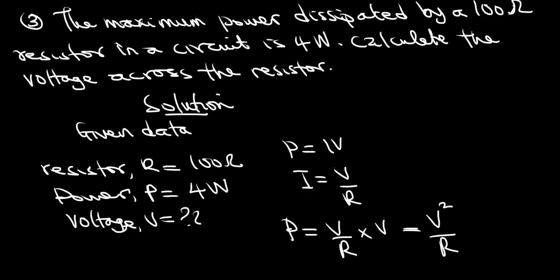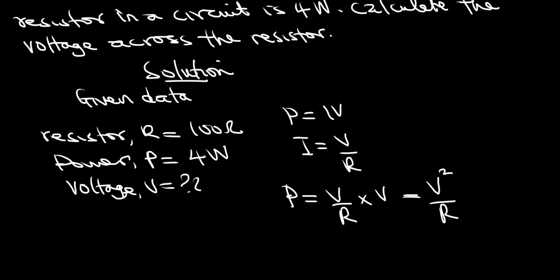So from here, we could see that the power is V square over R, and now how do you calculate the voltage? V square is equal to PR. Then V is now equal to the square root of PR.